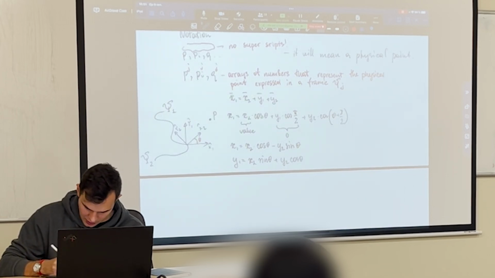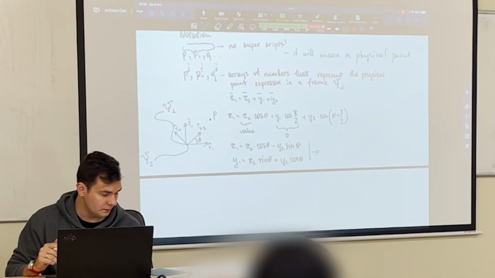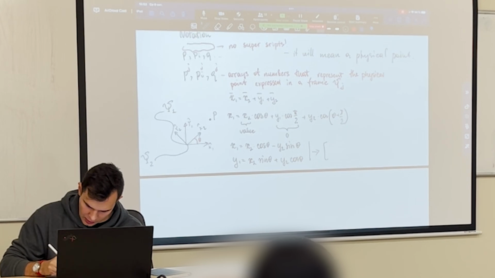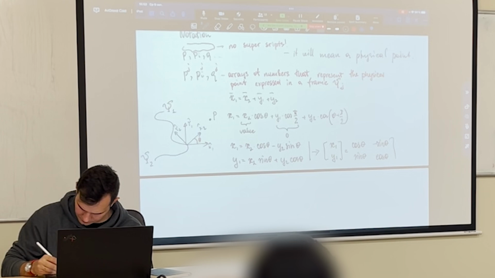And it turns out that you can write it in a matrix form, and it will be x1, y1 equals the matrix cosine theta, sine theta, minus sine theta, cosine theta, times x2, y2.